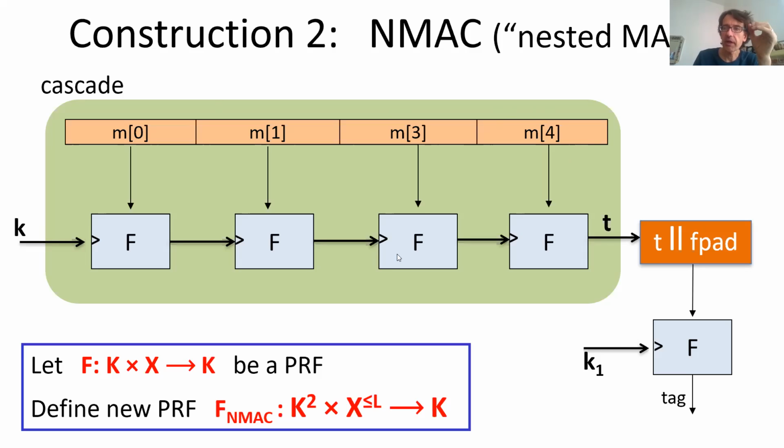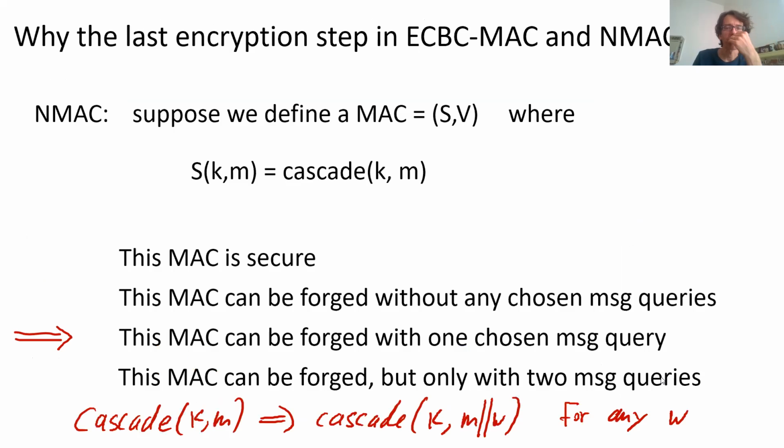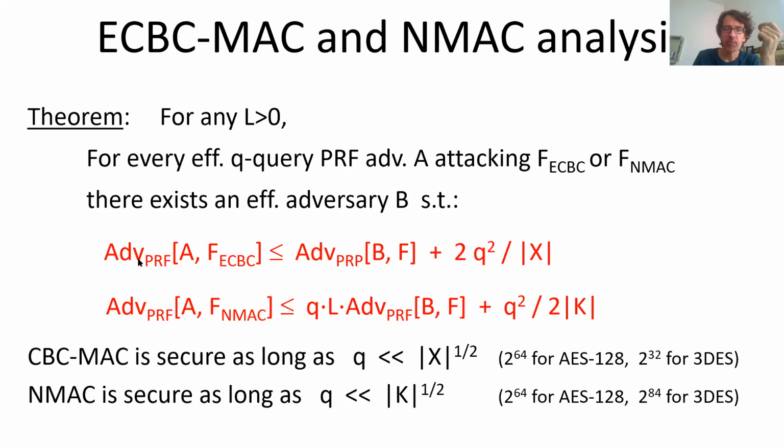So if F is a PRF, then you cannot tell interaction with this construction from a random function. And the exact statements are that the advantage against the encrypted CBC MAC is upper bounded by the difference from looking at the block cipher as a pseudorandom permutation. So in a sense, in the first step of the analysis, you replace all the little PRFs with ideal block ciphers, with ideal pseudorandom permutations, true random permutations.